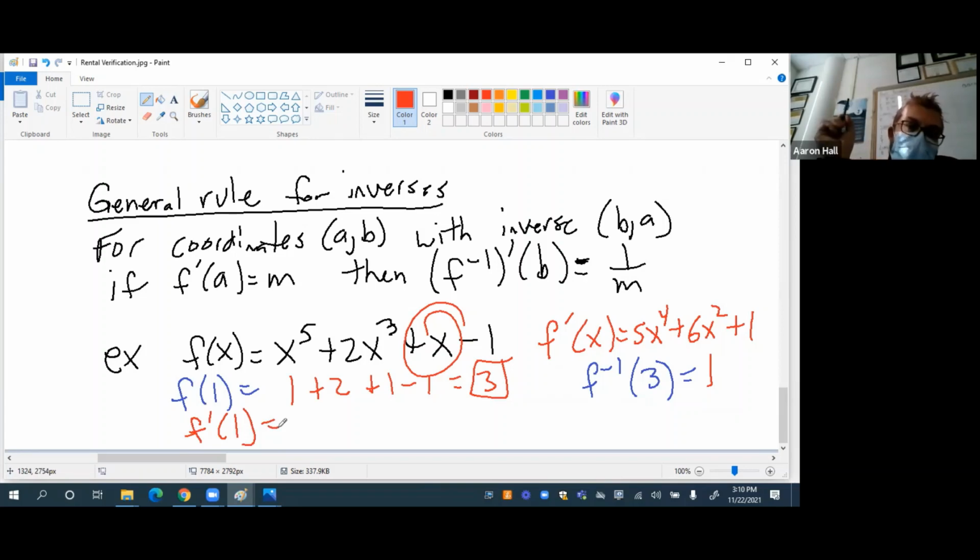What is the slope when x is 1? Do I use our first equation or our second equation? Second equation. So when I plug in 1, what do I get? 5 plus 6 plus 1, which is what? It's 12. What is the derivative of the inverse of f at 3?